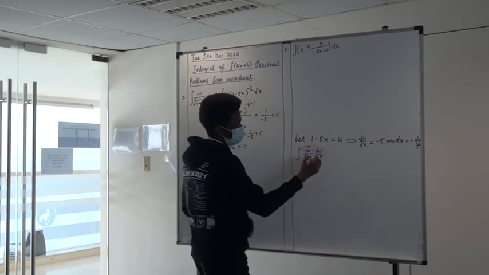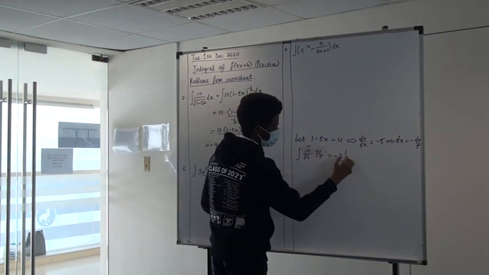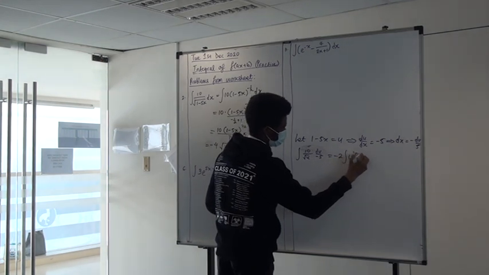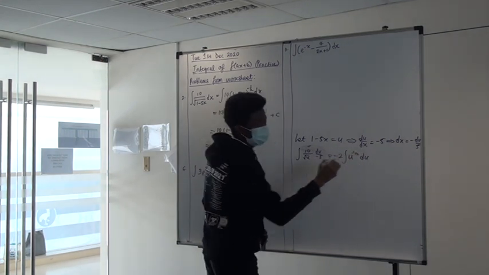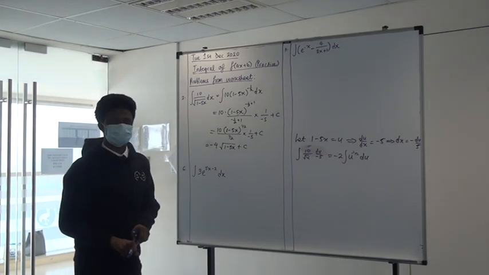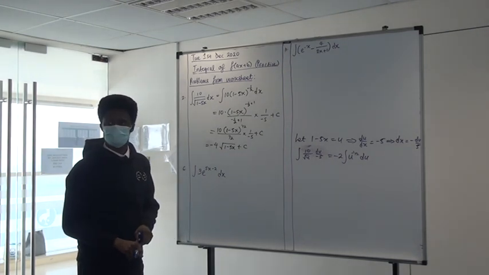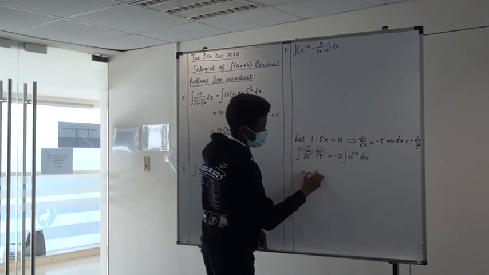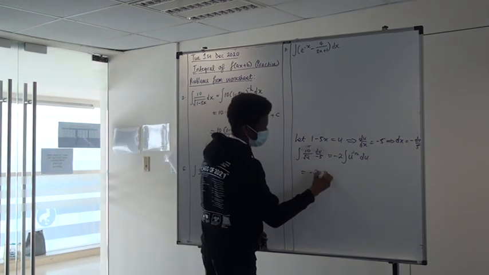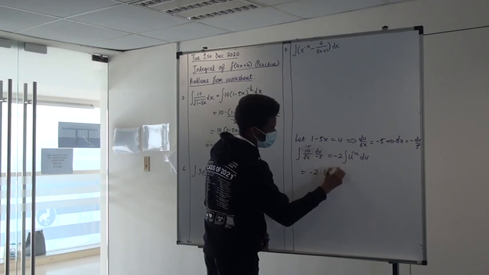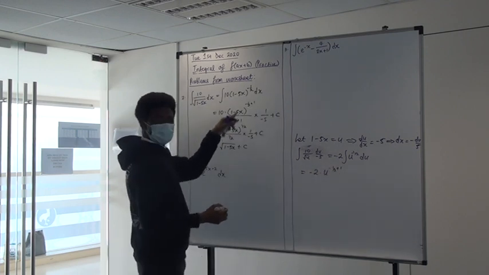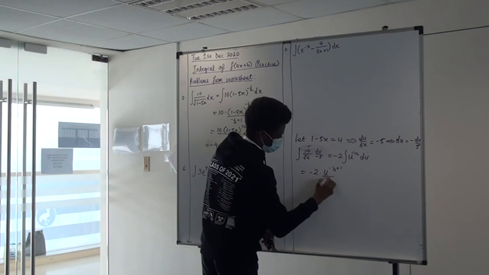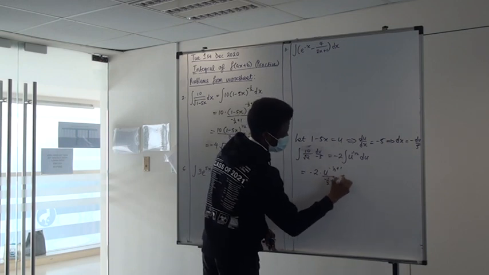And that produces minus 2, integral u to the minus half du. Agree? Understand? So minus 2 times u raised to power minus half plus 1, which is exactly what we did here, plus c.